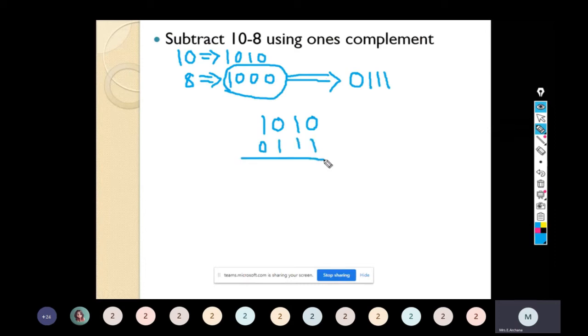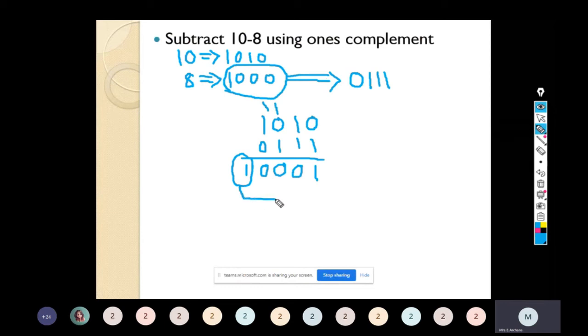Yes. Now what will be the answer? 0 plus 1 is 1. 1 plus 1 is 0, carry over 1. 0 plus 1 plus 1 is 0, carry over 1. 1 plus 0 plus 1 is 0, carry over 1. That is a carry. This carry is called the end around carry.